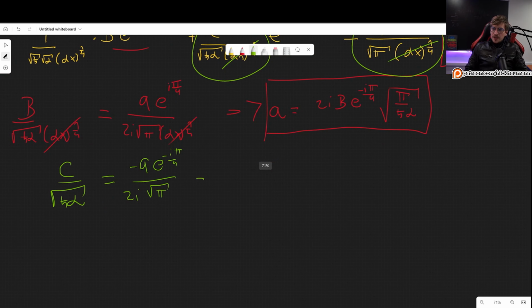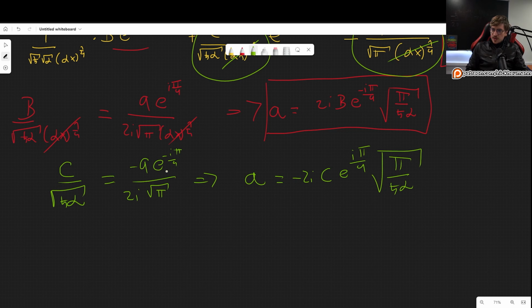Now from here we can find a. So a, we multiply by 2i, we have a minus sign, so we get minus 2i c e to the positive i pi over 4, and then square root of pi h bar alpha.